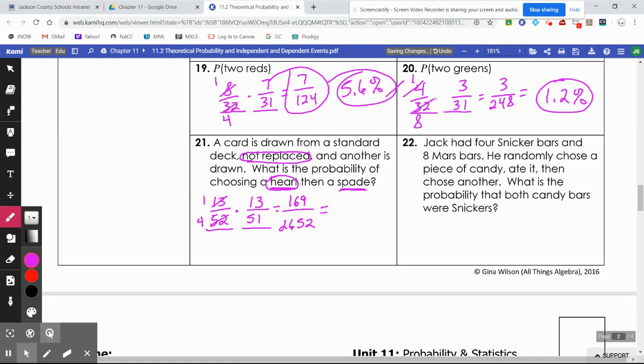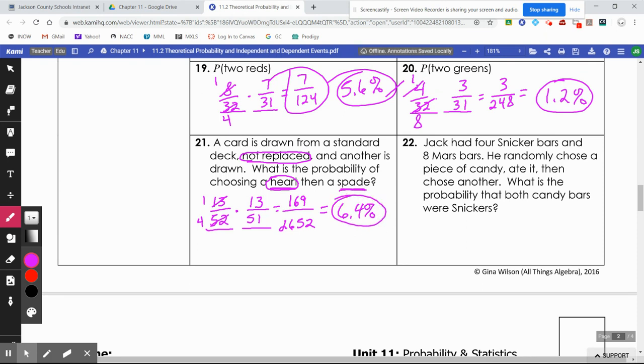But let me show you this. If you're going to a percentage anyway, it really doesn't matter, because whether you divide it here or if you divide the reduced form, you're going to get the same answer. So 169 out of 2,652 would be about a 6.4% chance of this happening, which is not extremely likely.